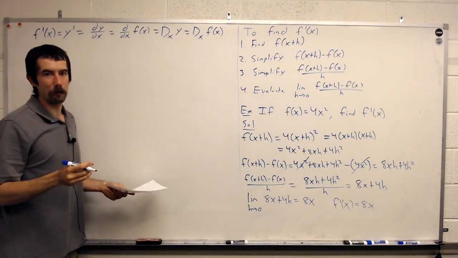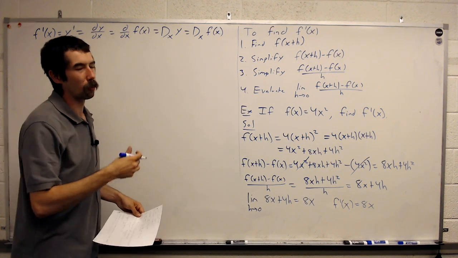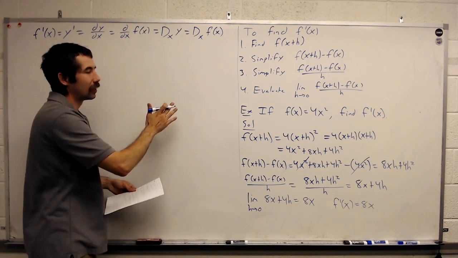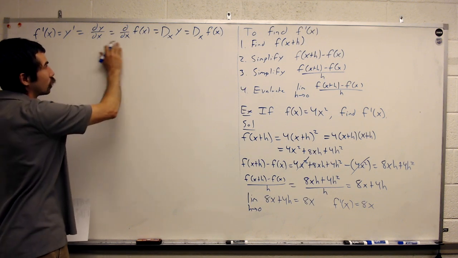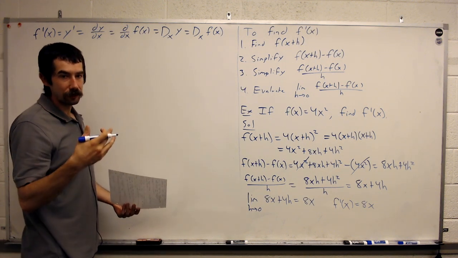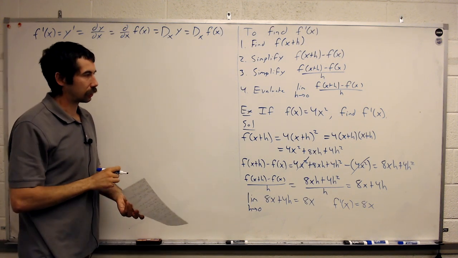Depending on what course you're taking in the future or what field you're in, you may see different notations. These first four on the left are the ones that you'd mostly see in a math or a physics class.